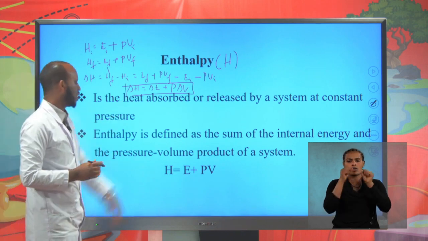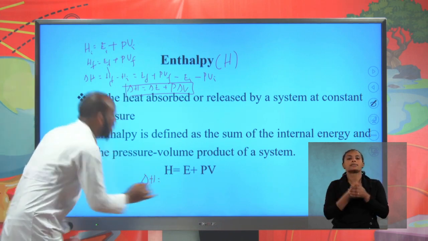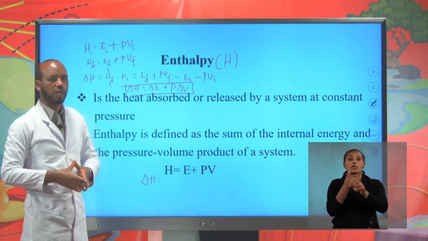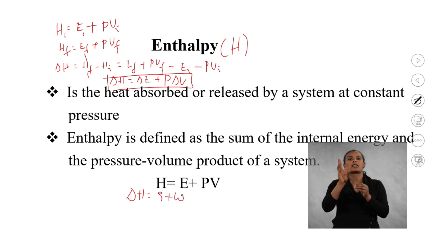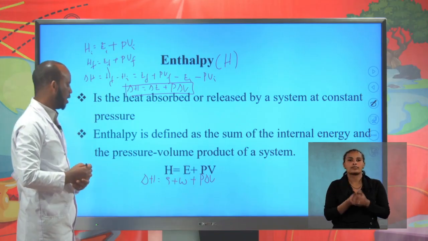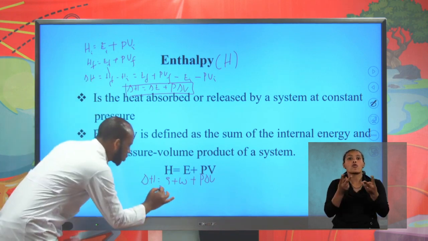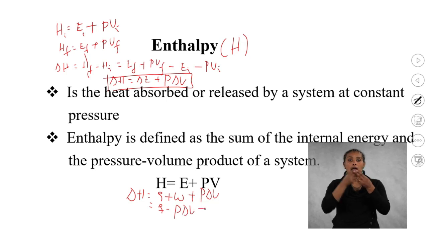We can write this as delta H equals change in internal energy, from the first law of thermodynamics, Q plus W, plus P times change in volume. If work is pressure volume work, this is the same as Q minus P times change in volume plus P times change in volume.